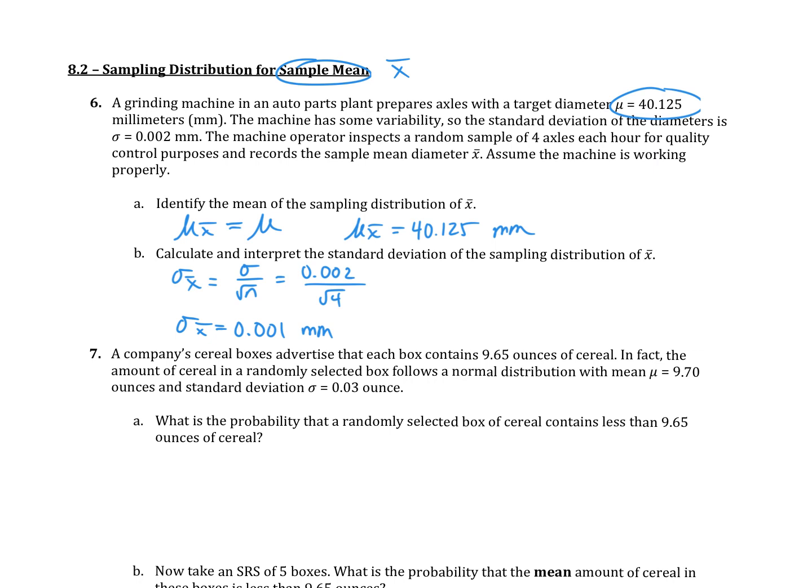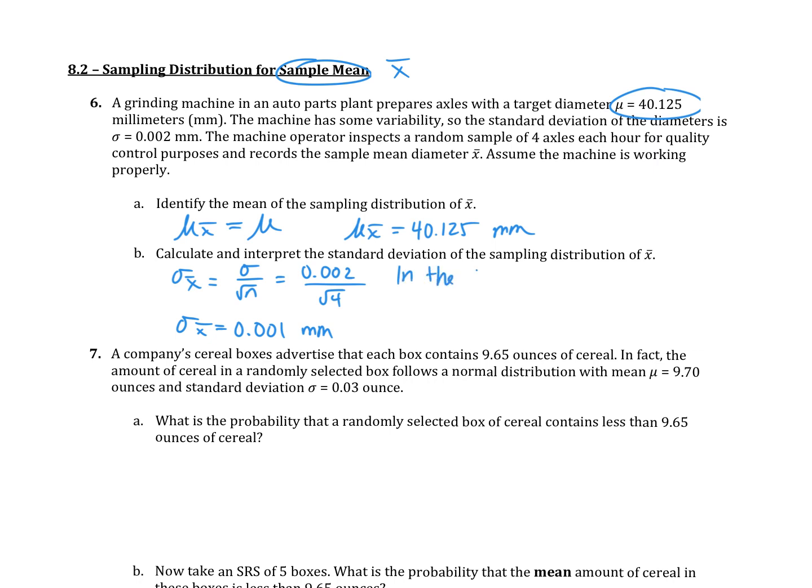So if we were to take a whole bunch of samples of size 4, and calculate the mean for each one, those x bars would differ from the population mean by 0.001 in the long run. So writing that in a sentence is a little wordy, but hopefully we can get the point across.